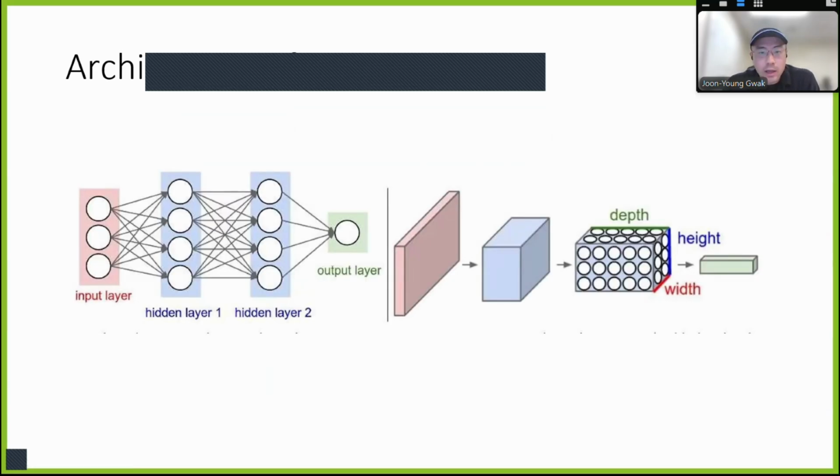So this slide is showing, in the left diagram, the fully connected MLP, the multi-layer perceptron, and the right diagram is showing the convolutional neural network.